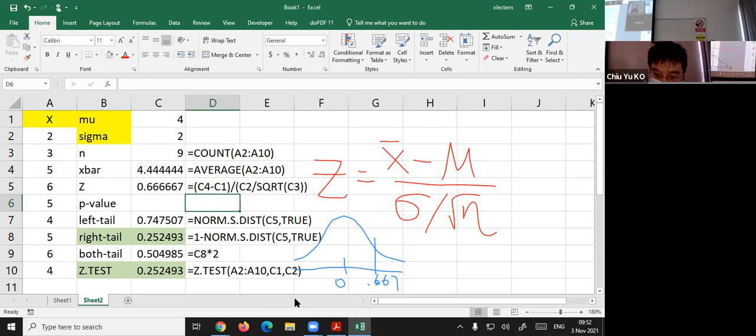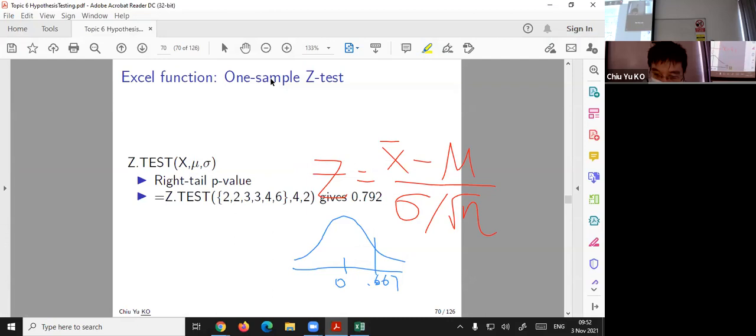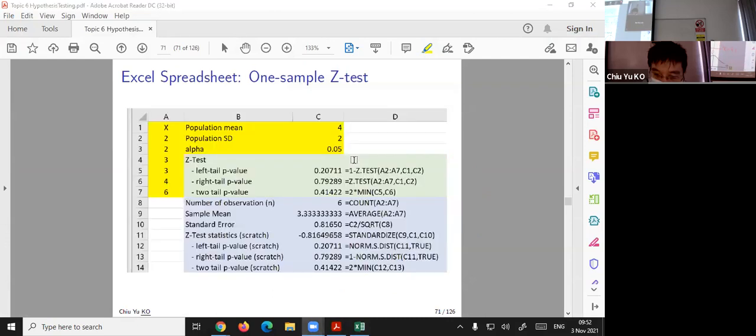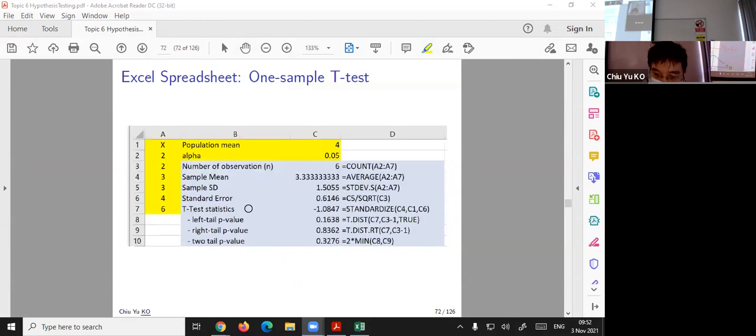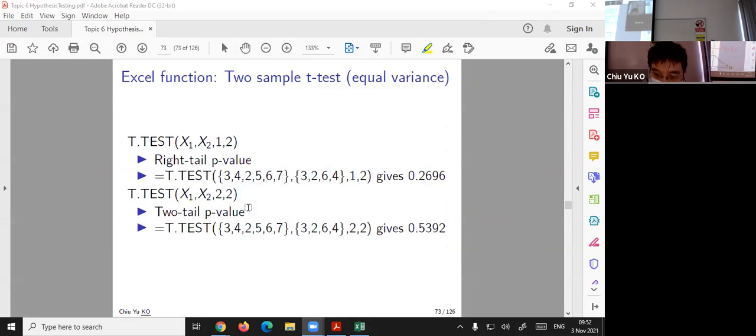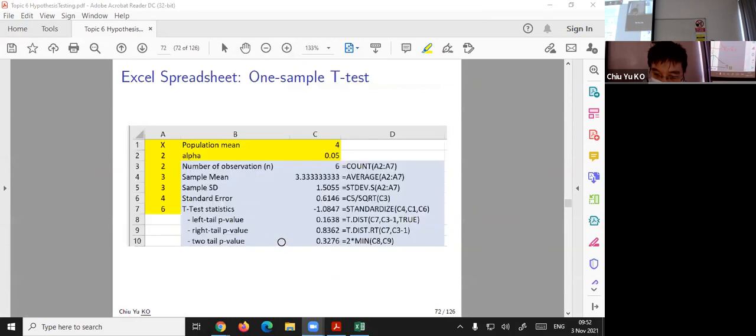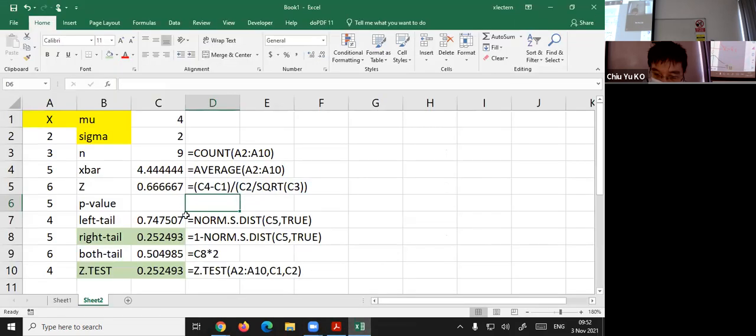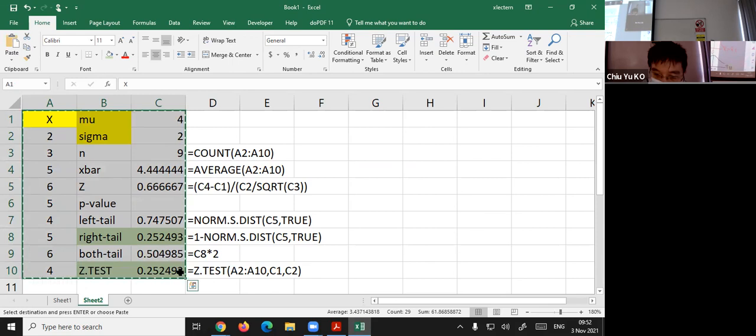If there's no question from you, I think this I also did already. And one sample t-test we also want to do, but there's no formula, so let's do it directly. Okay, so this is the z-test.